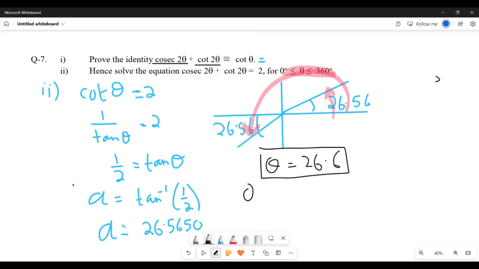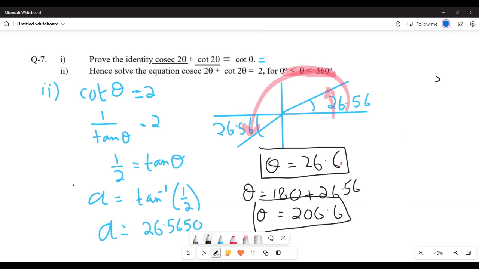And the other answer for theta would be 180 plus 26.56, which is 206.6 after rounding to 1 decimal place. You should ideally show a long, accurate answer before rounding it off. Any questions here?